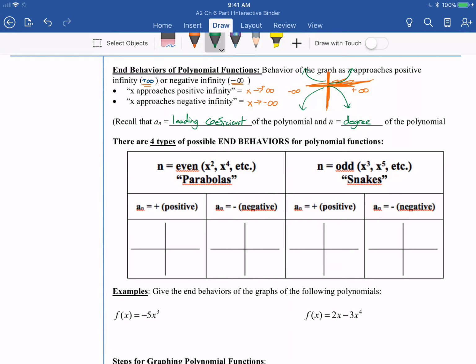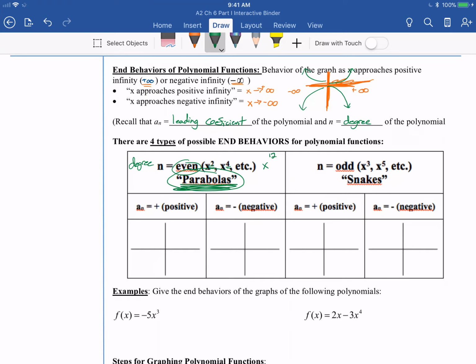First we are going to look at my n. If my degree is even, like x squared, x to the 4th, or x to the 12th power, these all look like parabolas. You guys have seen parabolas, you know what they look like.